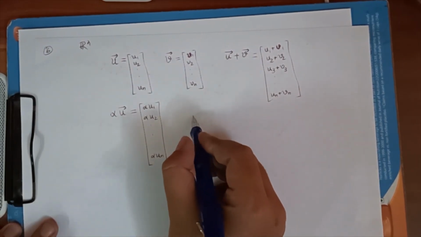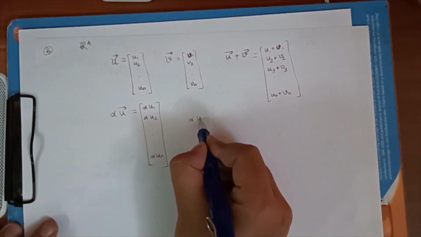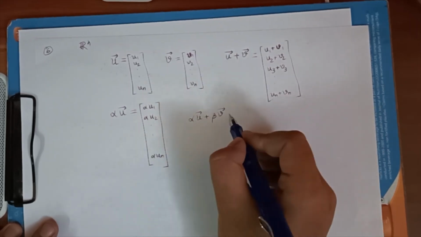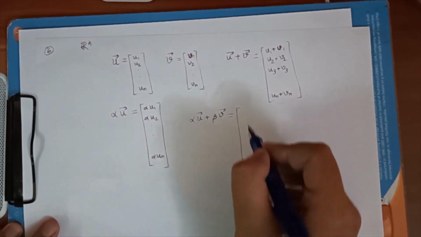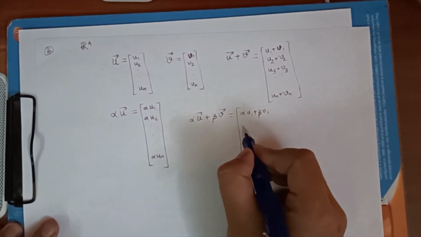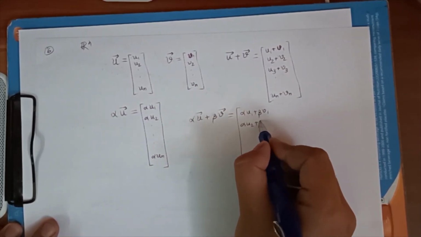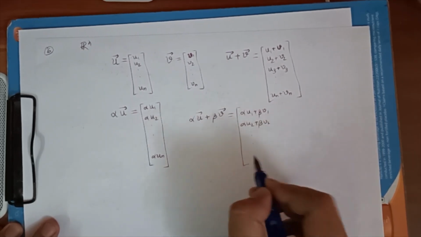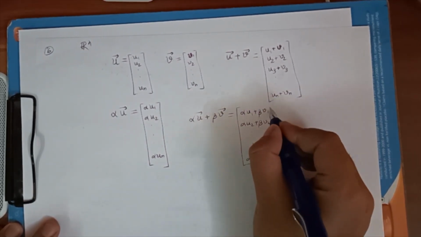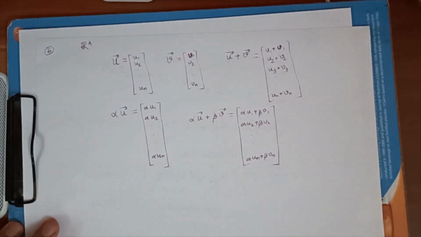So you can see how the linear combination alpha u plus beta v will be alpha u1 plus beta v1, alpha u2 plus beta v2, dot dot dot, alpha un plus beta vn. This will be the linear combination.